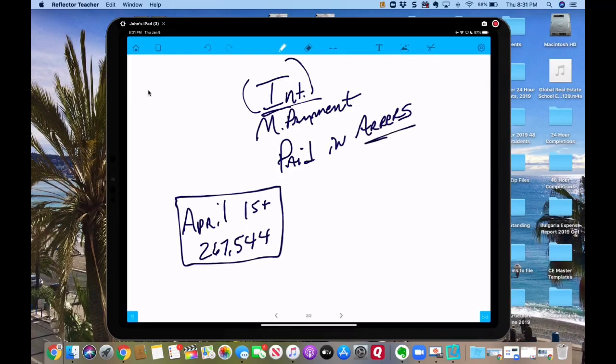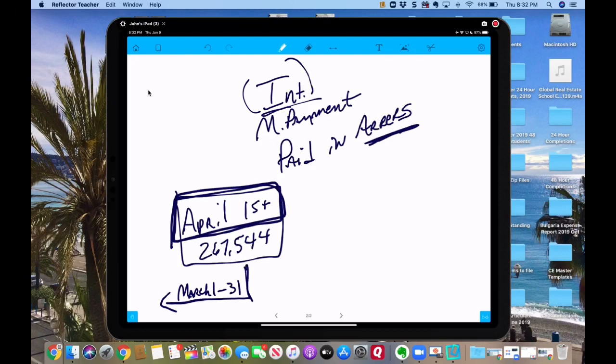Now, if interest is paid in arrears, the payment they made on April 1st really covered March 1 to 31. So when you make the April 1st payment, you are actually paying for the month of March because interest is always paid in arrears.